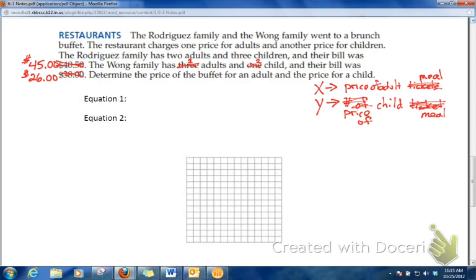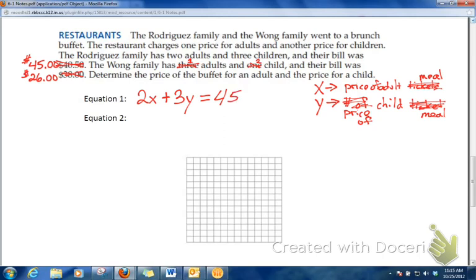So we need to write two equations here, obviously, because we're doing a system of equations. And the first equation is going to be 2 times x, because the Rodriguez family has 2 adults, plus 3 times y, because they have 3 children, and that equals $45.